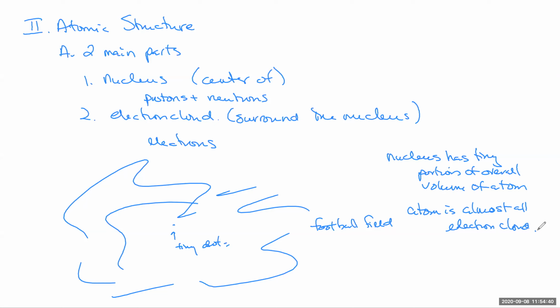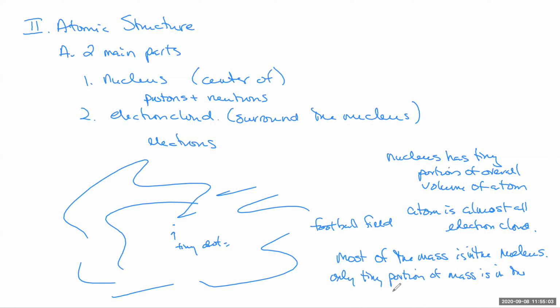The electron cloud takes up virtually all of it. That is true, however, most of the mass is in the nucleus. And only a tiny portion of the mass is in the electron cloud.